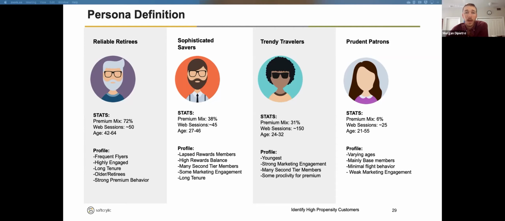So we would go ahead and pick these two groups to run some tests on. And that's how we take all of this data back, digest it with our clients, and pick those audiences we think are going to be most receptive or provide the highest value.